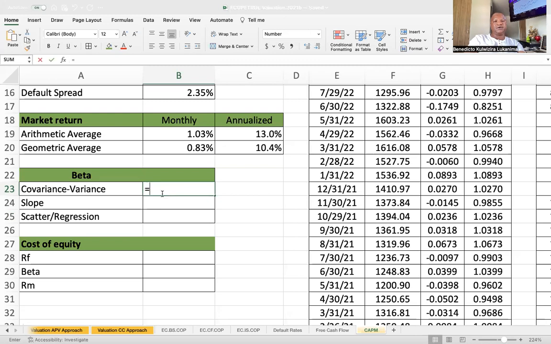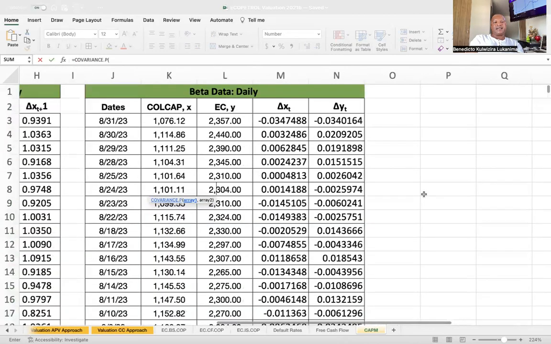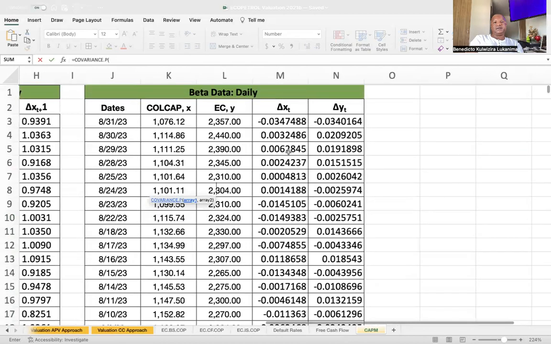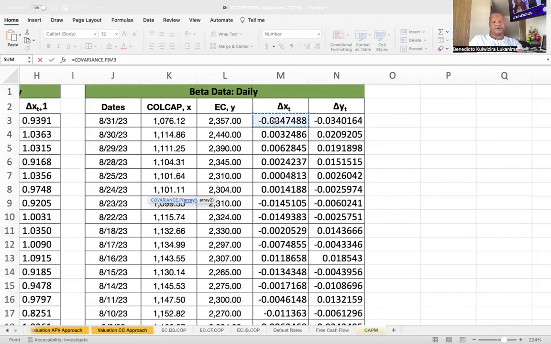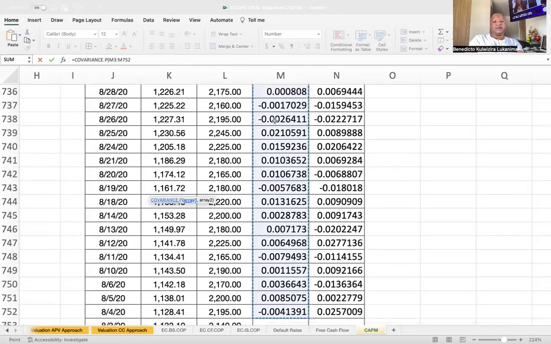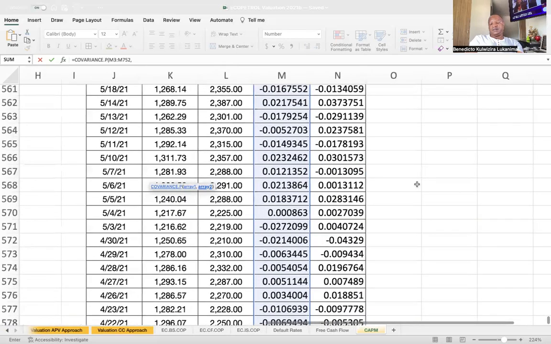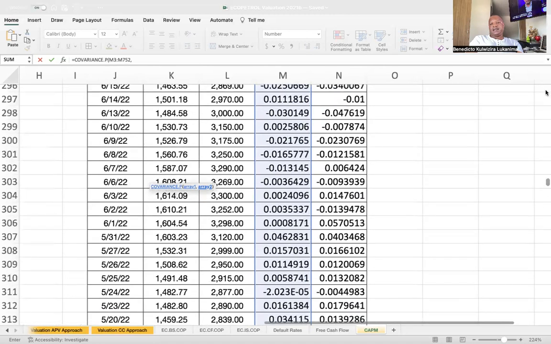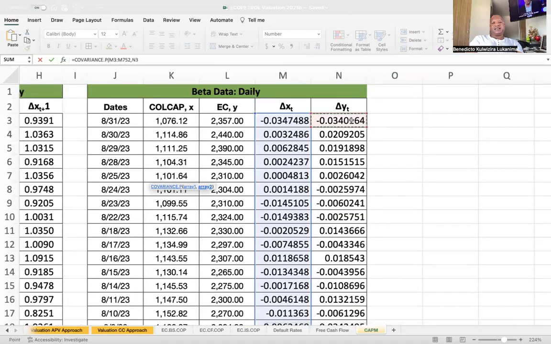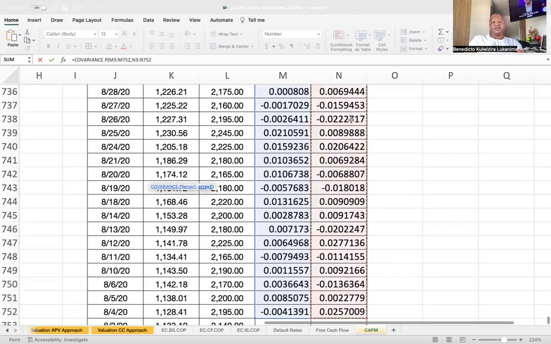So simply write equal covariance of the population, so COVARIANCE.P, and it will be between the market returns, select all, separate with a comma or semicolon, depending on the setting of your Excel, and then select the stock return, close bracket, divide by the variance of the market.